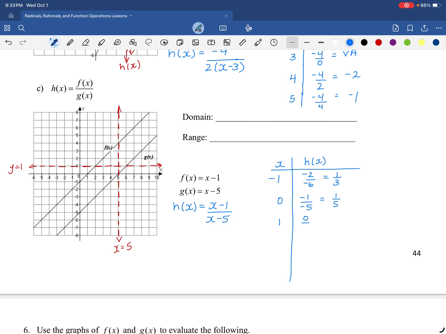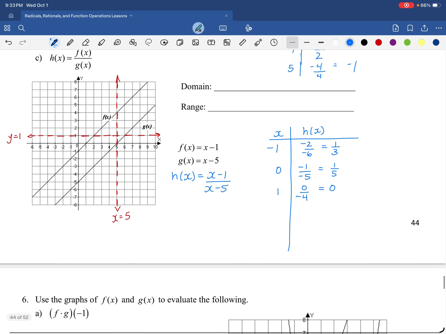Function f is 0, and function g is -4. Well, 0 divided by -4 is just 0. Okay, when x is equal to 2, function f is 1, and function g is -3. So that's just going to be -1/3. When x is equal to 3, function f is 2, function g is -2. So that's going to give you -1.